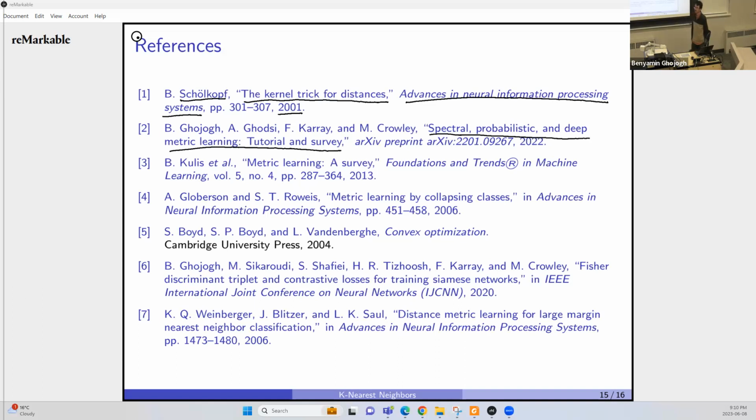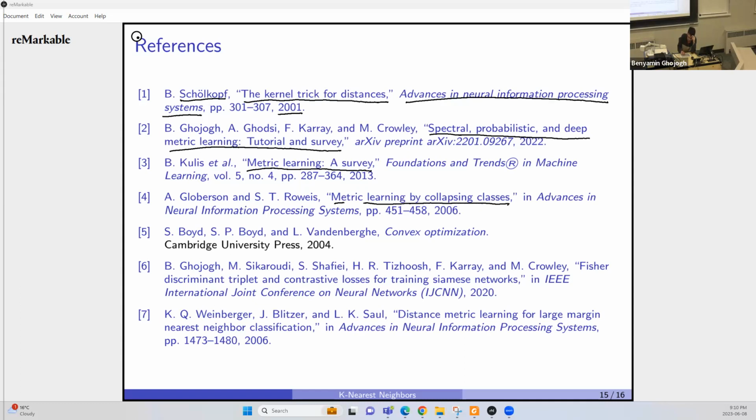This is my tutorial paper, where you can read about Mahalanobis distance and generalized Mahalanobis distance. This metric learning is a survey. Again, distance metric learning, generalized Mahalanobis distance. Let's find the best L for our own task. You can take a look at it.